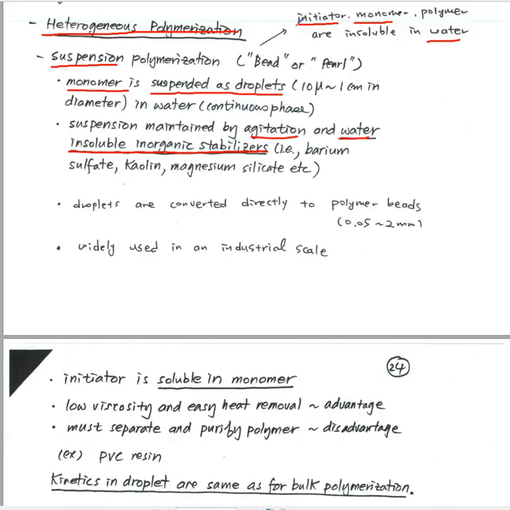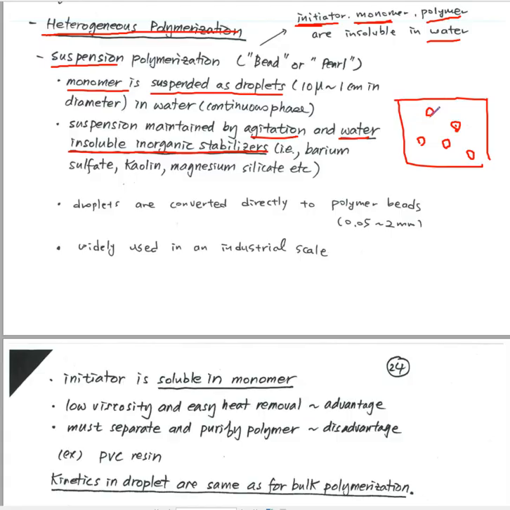Since initiator, monomer, and also polymers are insoluble in water, let's say that we have water and we have droplets. These are monomers, and since initiator is also insoluble in water, initiator and monomers are together inside of these droplets.